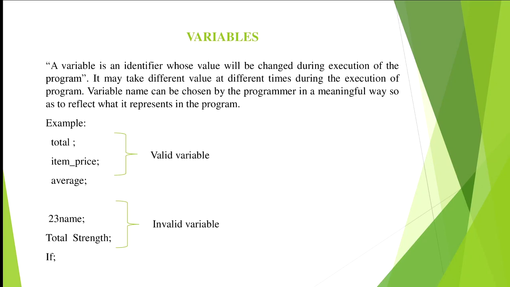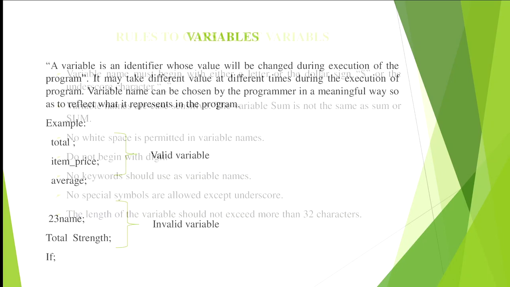Item price, the price of an item, and the average. In the second block, invalid variables: 2, 3 name, total, strength. These variables do not reflect their meanings, and therefore these are invalid variables.